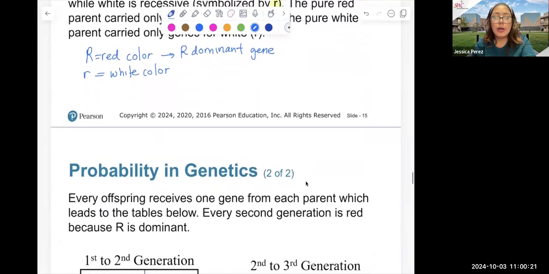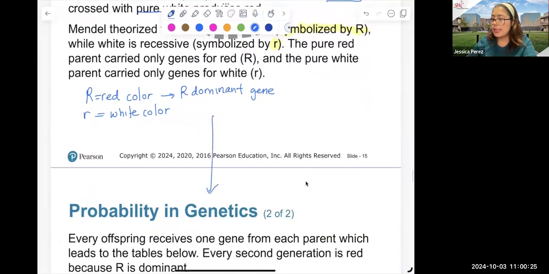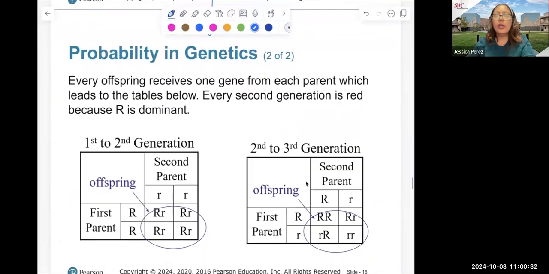This next example is the carry-on for this one. Probability in genes: every offspring gets one gene from each parent, which leads to the tables below. Every second generation is red because R is dominant. Let's look at this one. We have the first parent and the second parent, and this is the offspring. We're going to create a table with R, R, little r, little r.